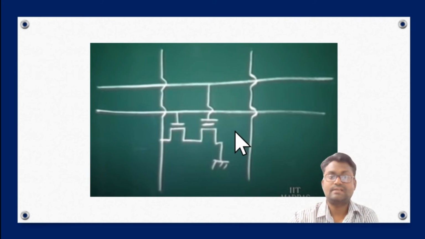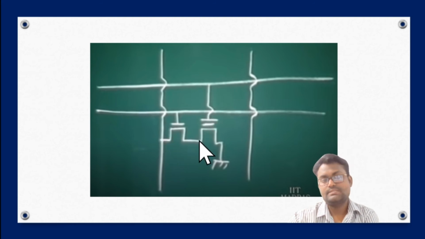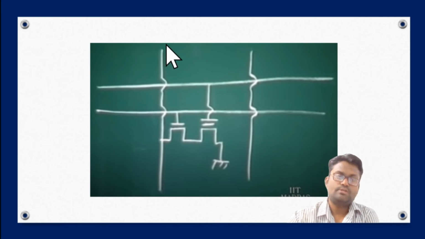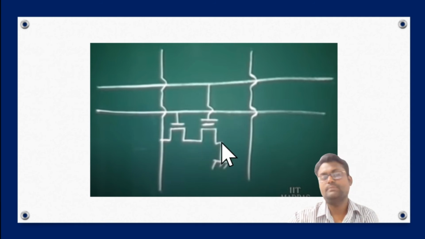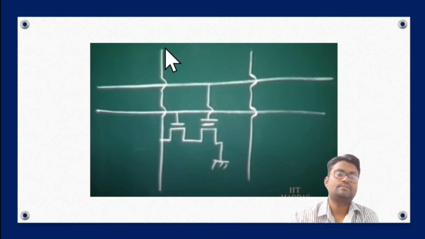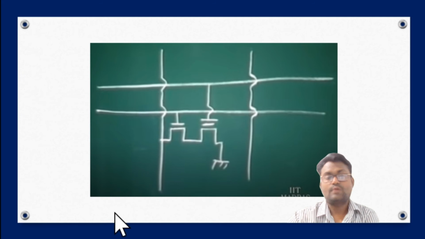When it is conducting, we can say the terminals are shorted with each other. At that time the voltage provided in the bit line is moved towards the ground, and the output becomes 0.